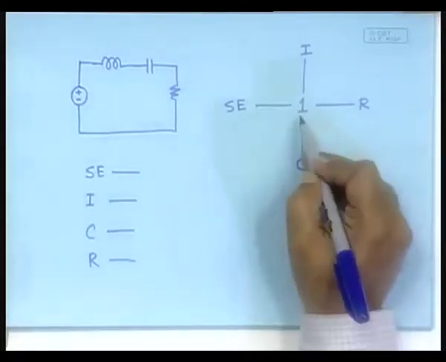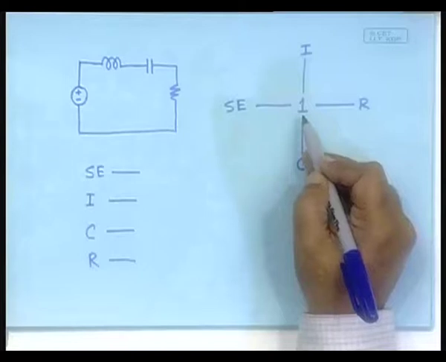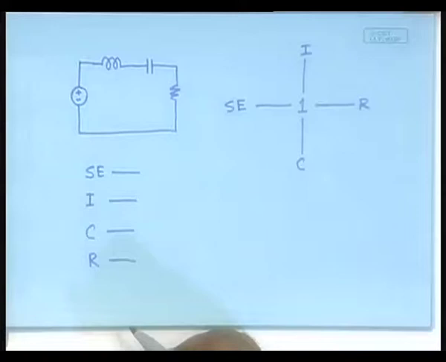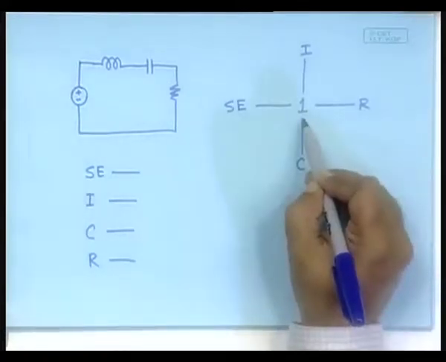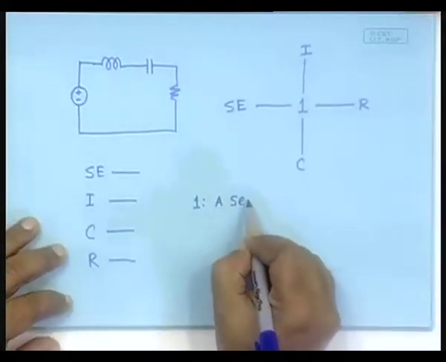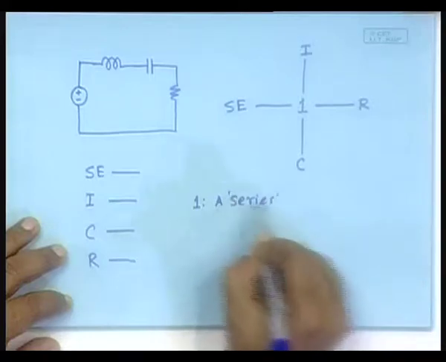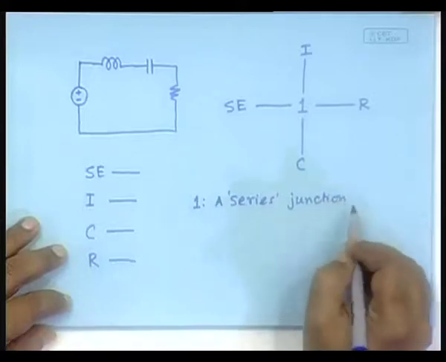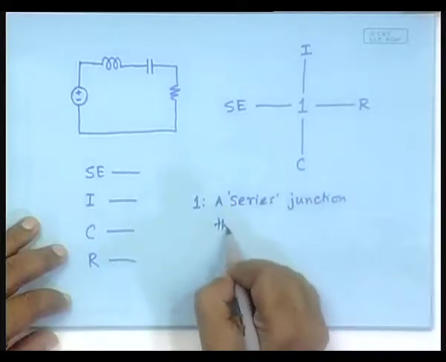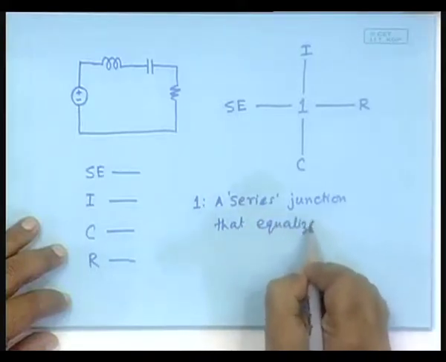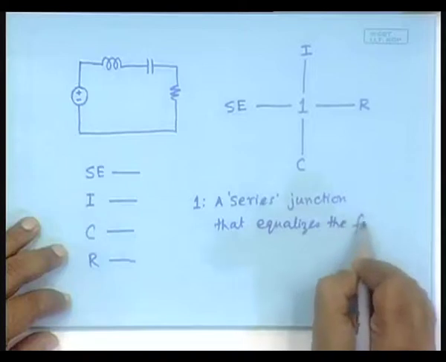This 1 represents the property that it equalizes the flow in all the bonds connected to it. So, this 1 is a series junction that equalizes the flow.